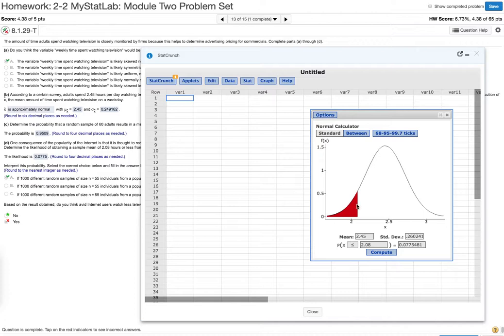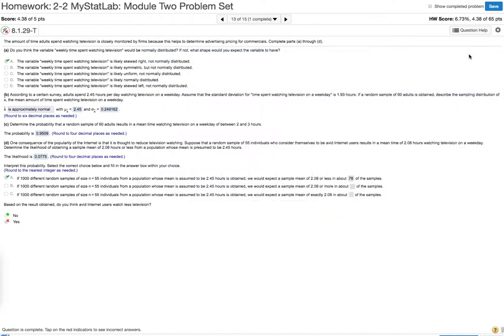You can see it's small, it's in the tail. So that number is right here. The likelihood or the probability is 0.0775. So then we look at interpret this probability. Select the correct choice below and fill in the answer box within your choice.